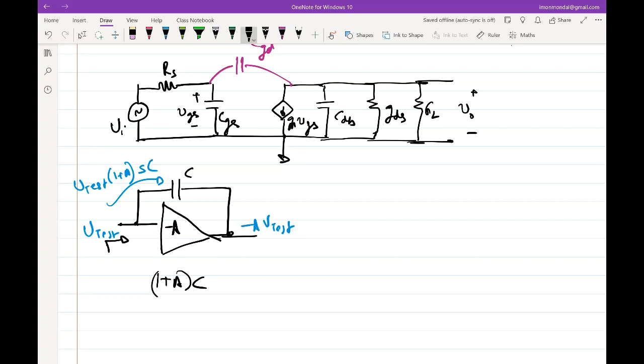So what is a voltage controlled voltage source? A voltage controlled voltage source is a contraption that amplifies the input available between two ports. Right? So in this case, the sign is opposite. So let me write it in this way.